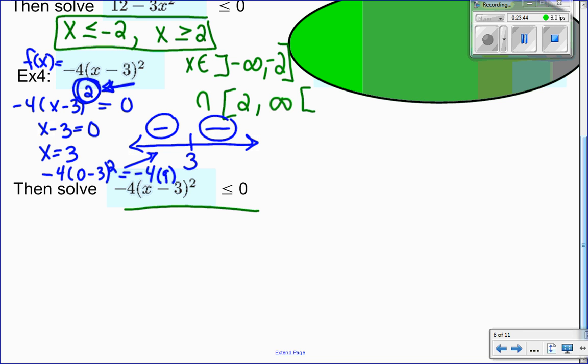So if we want to know where this function is less than or equal to 0, well, it's negative on the entire function, and then it's equal to 0 when x equals 3. So we can say the function is less than or equal to 0 for all real numbers, or we can say between negative infinity and infinity.